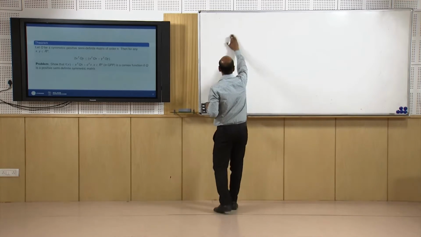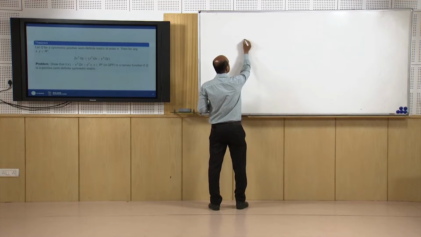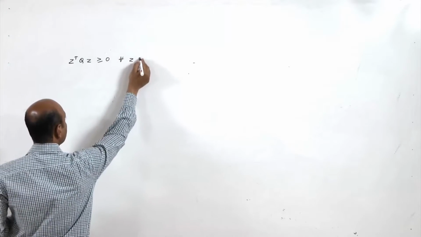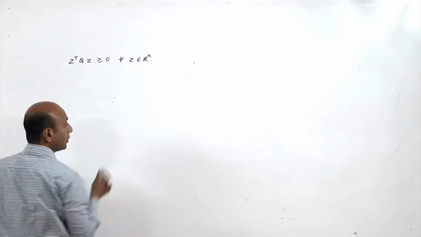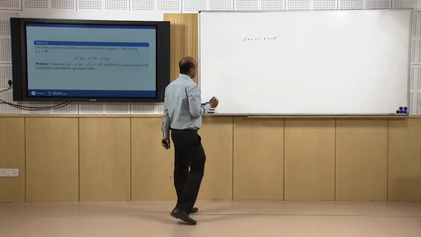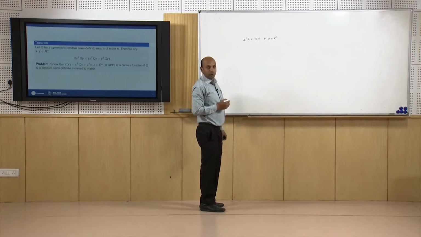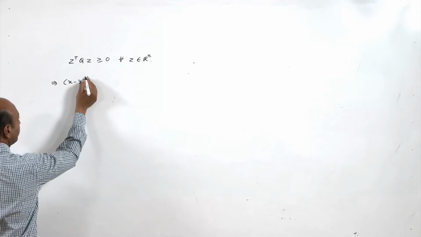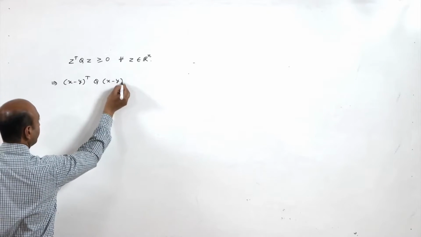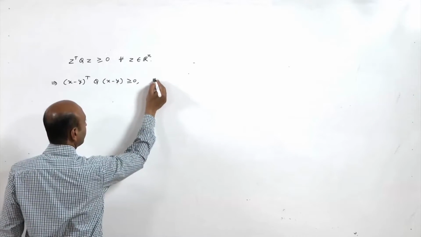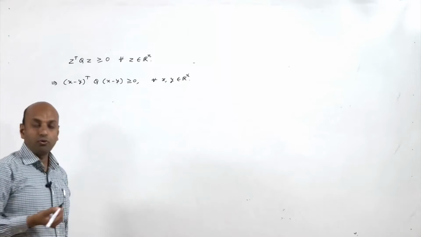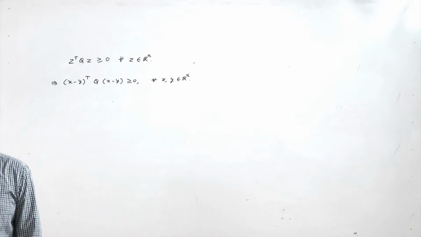So, that means Z transpose Q Z will be greater than or equal to 0 for all Z in Rn, because it is a positive semi-definite matrix. If it is true for any Z in Rn, it will be true for Z equal to x minus y also.